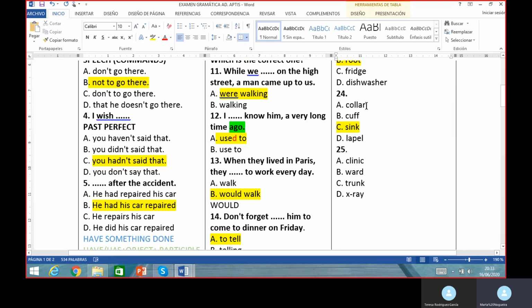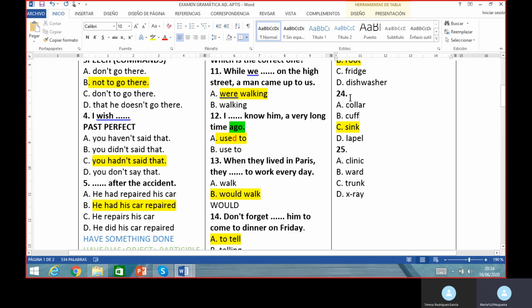Collar es el cuello de una camisa. Cuff es el puño, pero de la parte de una camisa, ¿vale? No el puño de la mano. Eso es fist. Y lapel es solapa. Y sink es lavabo. Entonces, el vocabulario es súper aleatorio lo que nos puede tocar aquí.